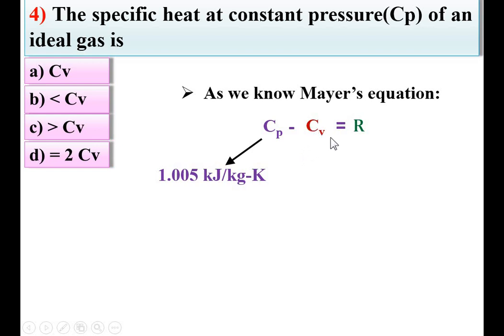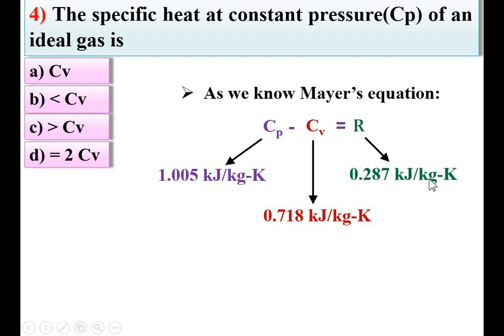Similarly, Cv is the specific heat at constant volume, and for air as an ideal gas, Cv is equal to 0.718 kilojoule per kg Kelvin. And R is 0.287 kilojoule per kg Kelvin. So here you can understand that Cp is always greater than Cv. So I can say Cp is greater than Cv. So C is the right answer.